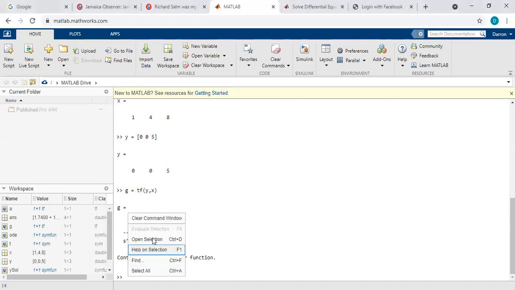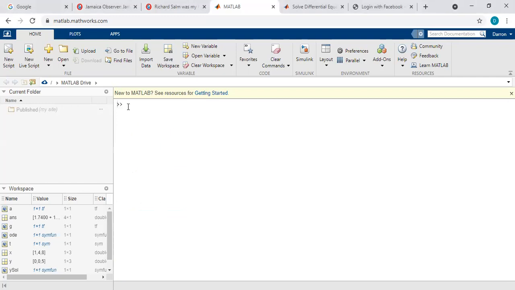So let me clear the screen. The first thing that I want to do is use the symbolic function of MATLAB. So I'm going to type in SYMS.